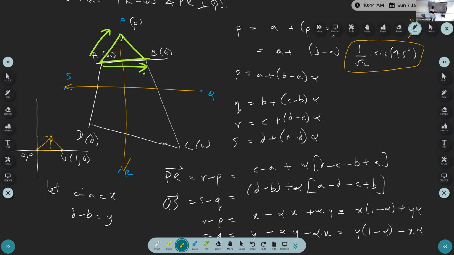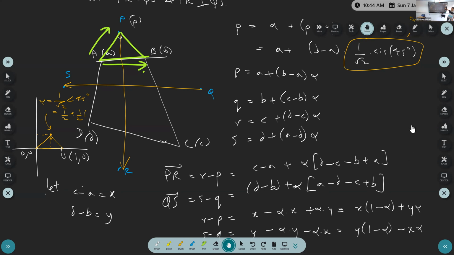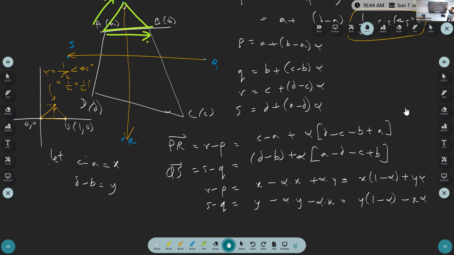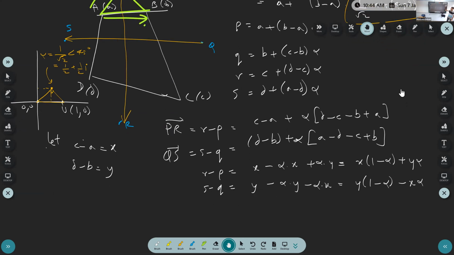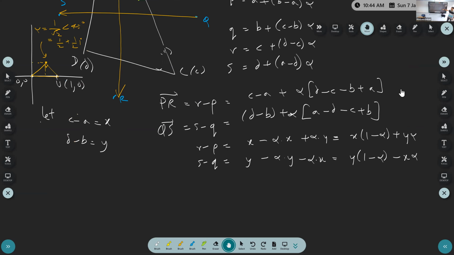So the same point which we call alpha, which in polar form is 1 by root 2 at angle 45 degrees, can also be written simply as half plus half I. If you want to substitute the value at any point, we just put half plus half I. Okay, so we got the PR and QS vectors like this.